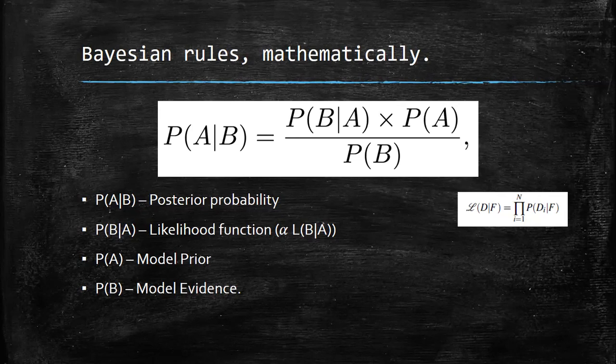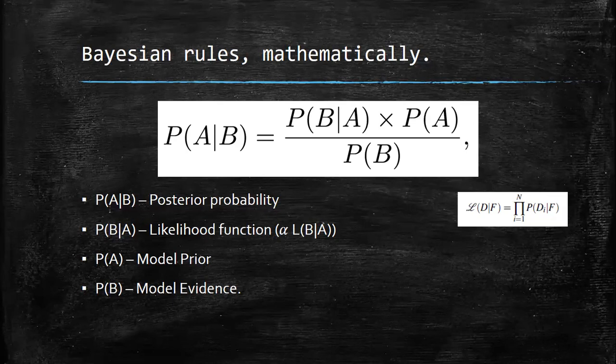So the standalone probability of the model doesn't make any sense to them without having any data. But this would be possible in a Bayesian sense, and this is where we have all our prior intuitions and so on.